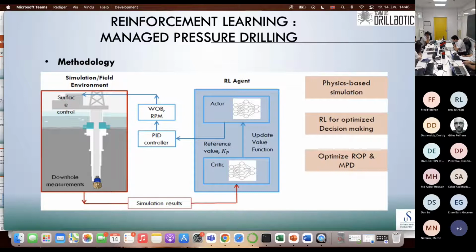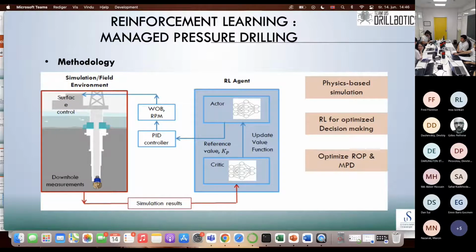So here's the MPD. In this case, I think when I mentioned Norse, it was for the simulation environment to the left, the red box. That environment runs the simulation for some time. The time we defined was 500 time steps or simulation steps, which is roughly 7.5 minutes. This simulation is run on the Norse webpage, but MATLAB communicates with Norse to run the simulation and takes action from the reinforcement learning agent.